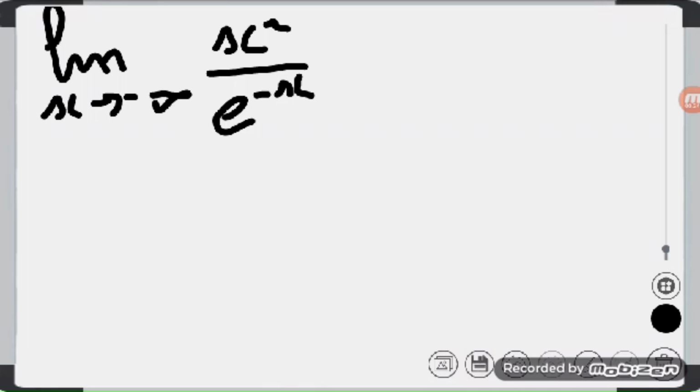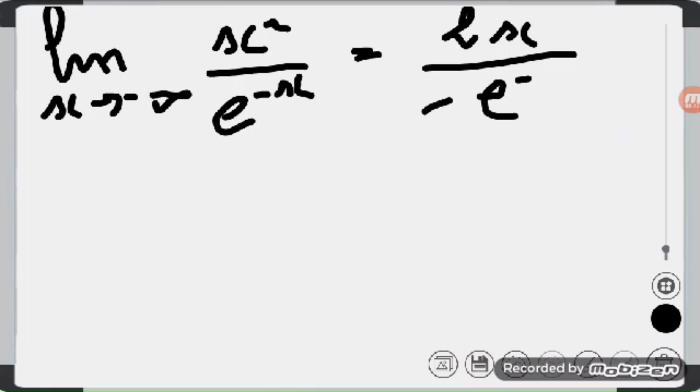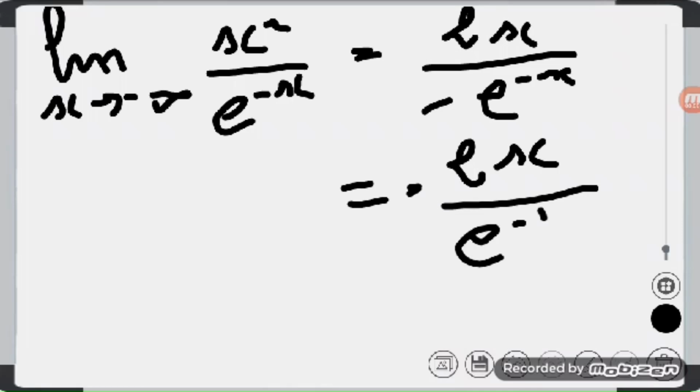If we apply L'Hopital's rule, we differentiate x squared and exponential of minus x, and we'll end up with 2x over minus exponential of minus x. Then we'll end up with minus 2x over exponential of minus x.